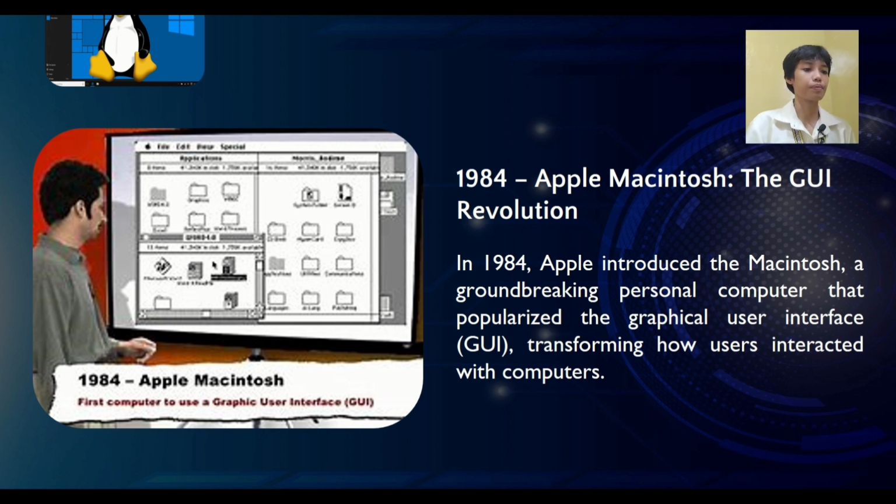It is a groundbreaking personal computer that popularized the graphical user interface, transforming how users interacted with computers. If you can see here, it is black and white. However, you can already visualize what is inside a computer even if it's black and white. And it is really groundbreaking.